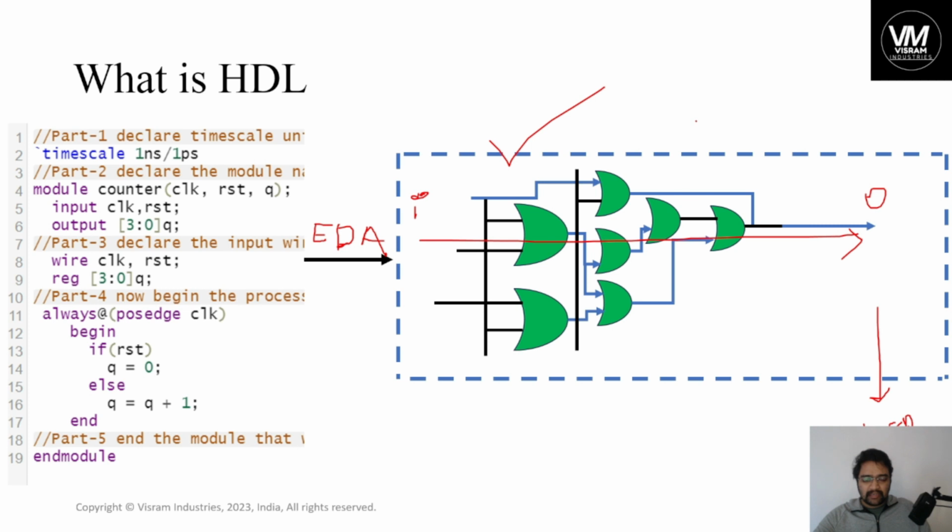This is the FPGA chip, not the board. We have given the HDL to the EDA, and the EDA has made the processing and also decided the inputs and outputs. I'm just giving a flow example.